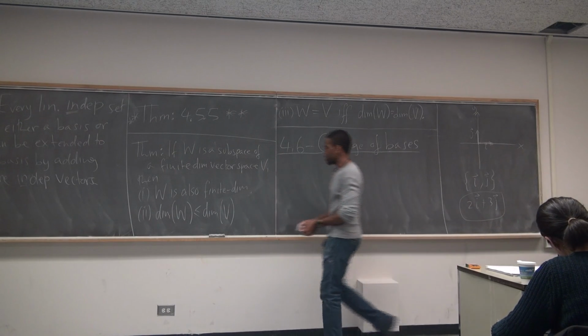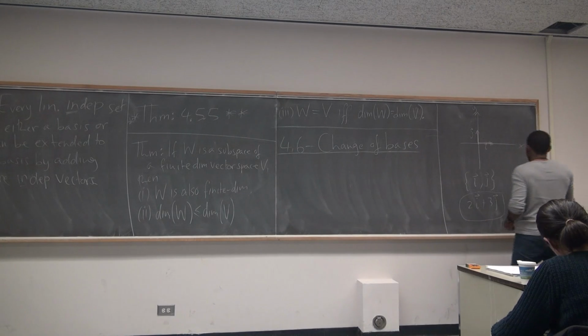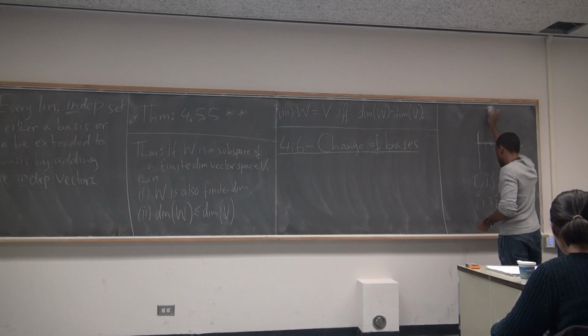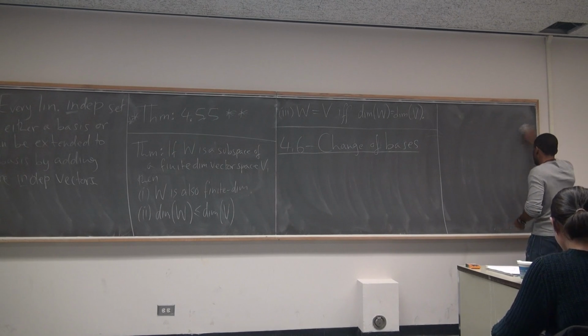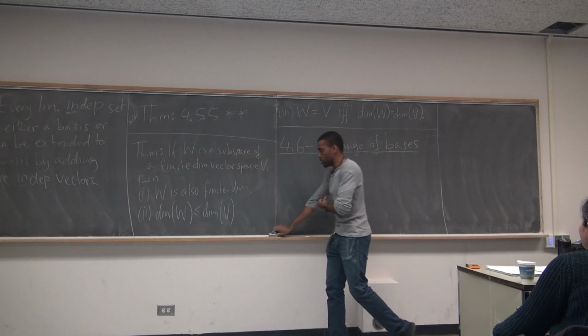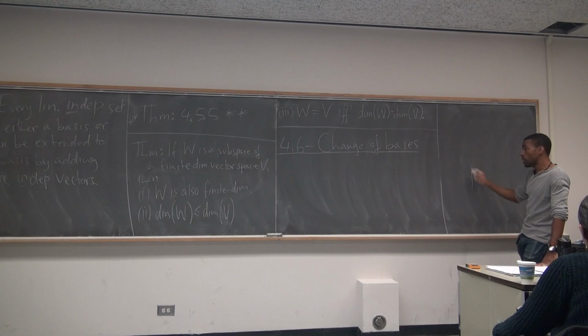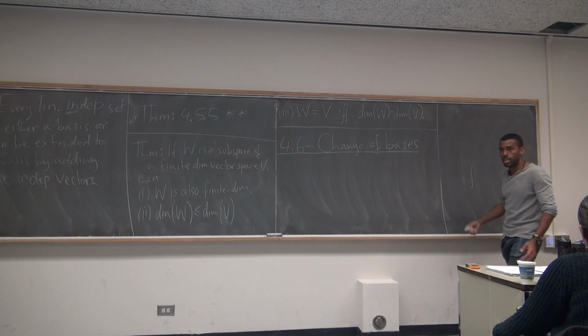So the thing is, sometimes things can get a little tricky in the space that you're working with and you want to switch to something else. For example, if you're working on a complicated integral, you can think of integration by substitution as a change of bases.